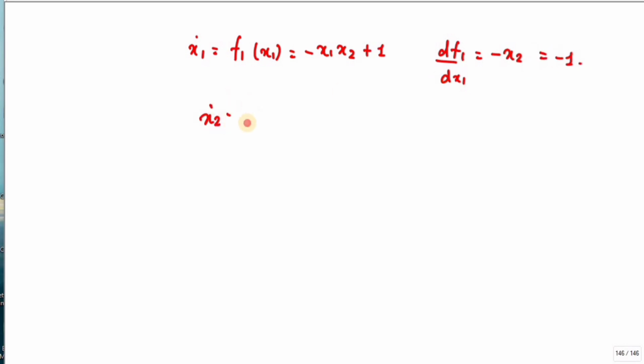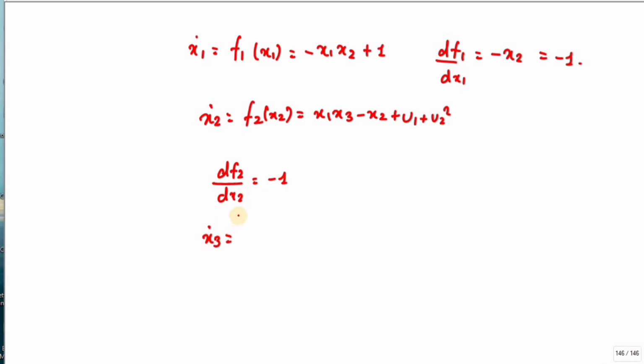So if I differentiate f with respect to dx1, I will get minus x2. Since x2 value is 1, I can substitute df1 divided by dx1 is equal to minus 1. In a similar way, x2 dot is equal to f2, that is equal to x1 x3 minus x2 plus u1 plus u2 square. If I differentiate with respect to dx2, I will get minus 1 because I will get minus x2 and x2 value is 1.